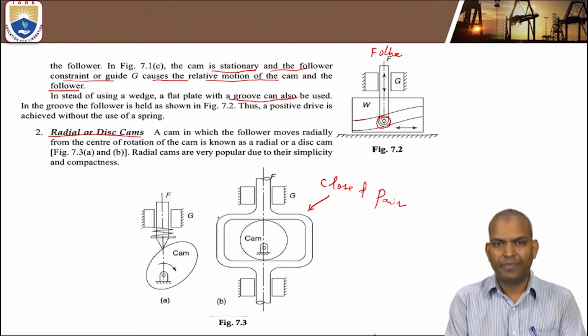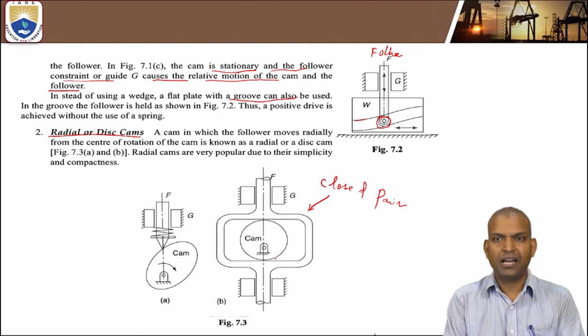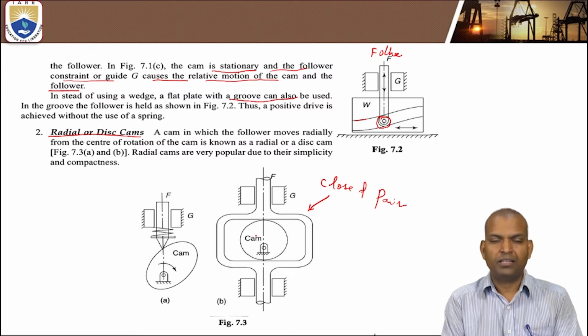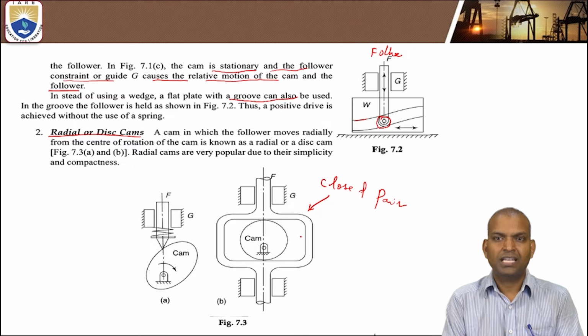This is completely closed. The cam is completely closed with the closed follower. The transmission can be stopped when one of the links, either the cam or the closed follower, is broken. Then the transmission will be disturbed.